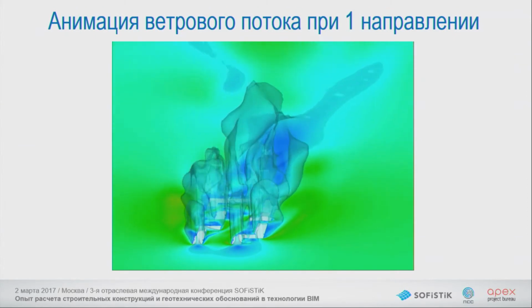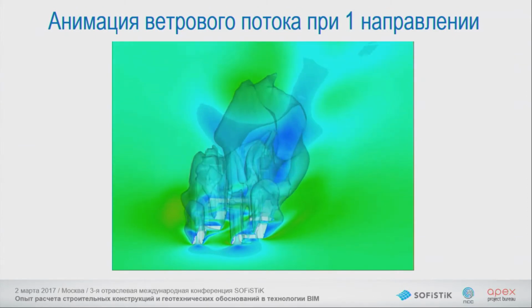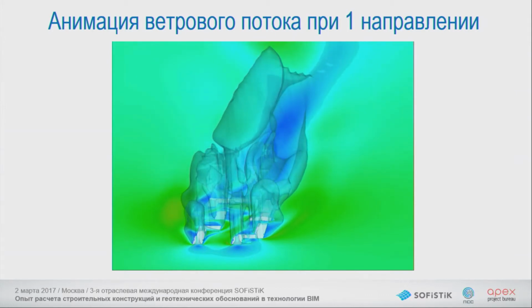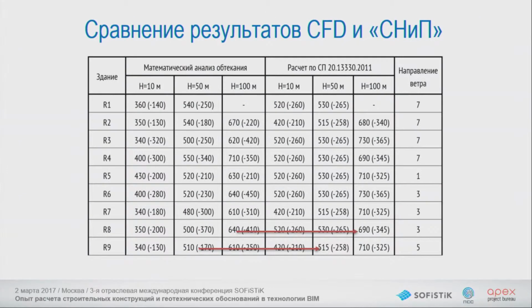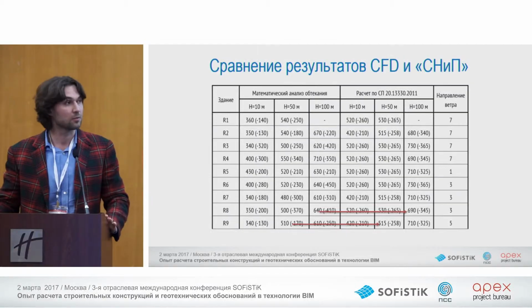And here you can see the distribution of the wind masses, and there is a very wide Karman path. We compared CFD analysis to construction codes.